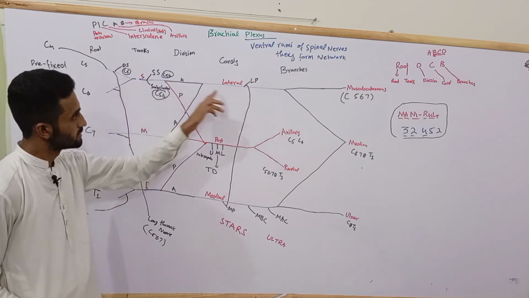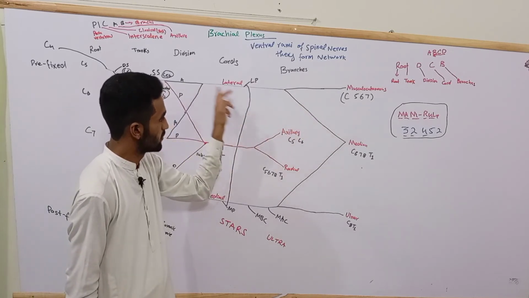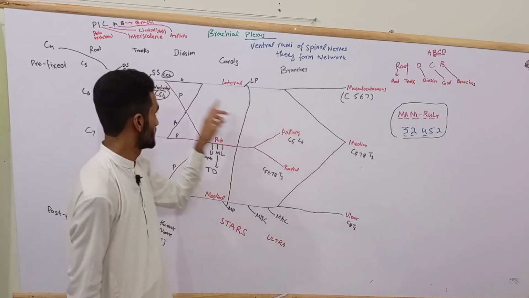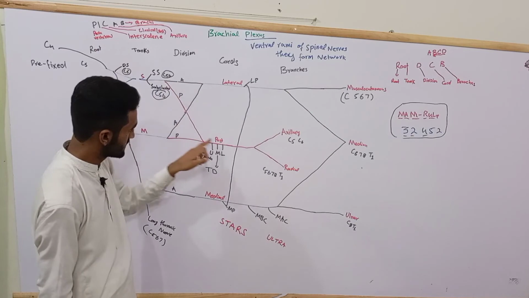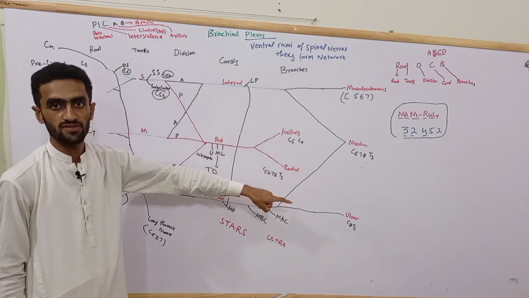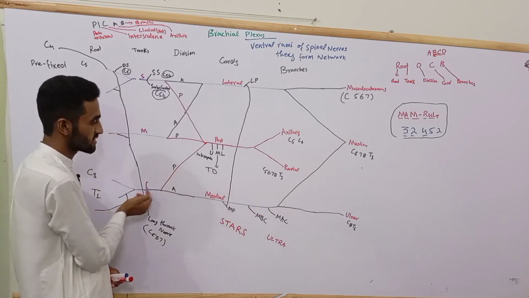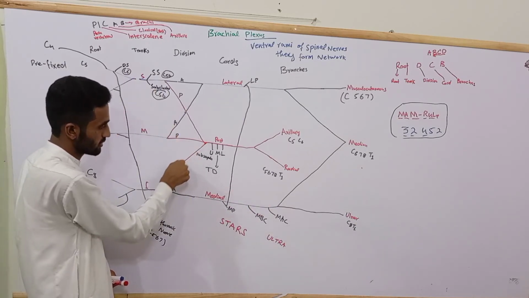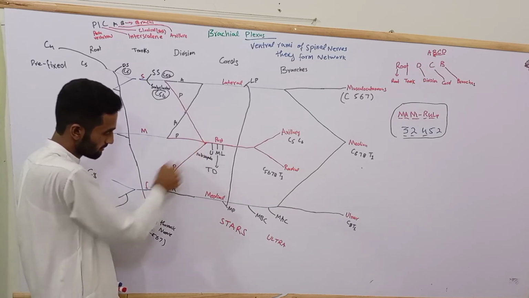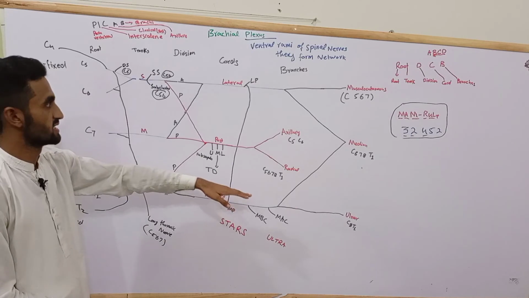If you move like this, musculocutaneous is injured. Move like this, median is injured. And if you move like this, axillary and radial both will be injured. But ulnar is in the safe zone, because ulnar is going from the inferior trunk, not from the upper trunk. So ulnar is safe.